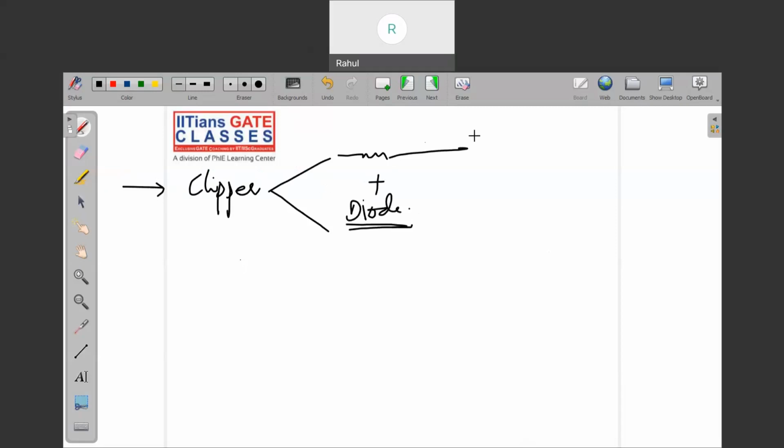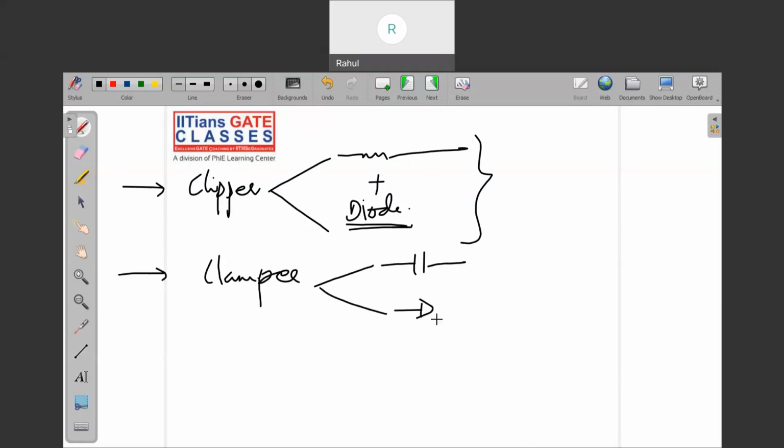And the voltage measured across which element was deciding what kind of clipper it is. In case of clamper, we went for a capacitor and the diode, and the output is measured across the diode.